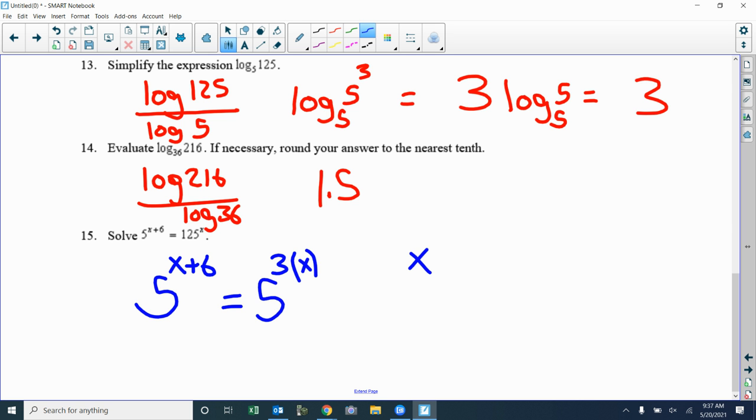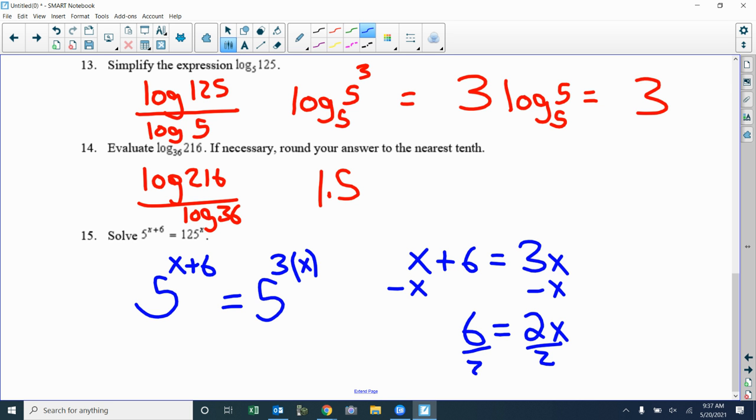So now I end up with x plus 6 equals 3x. So I got those same base. So that's pretty cool. I can drop that. And I will minus x. And I will be with 6 equals 2x divided by 2. And I'm down to x equaling 3.